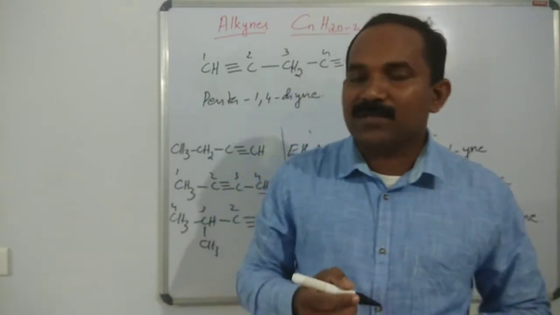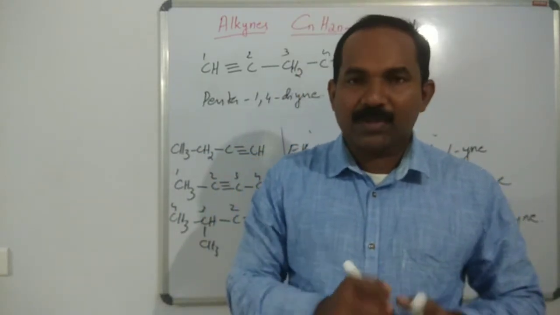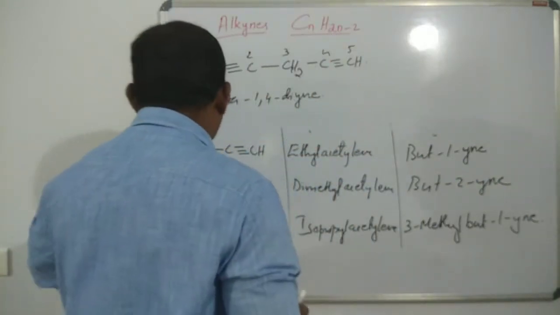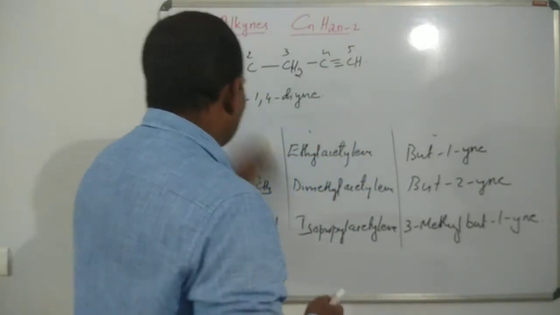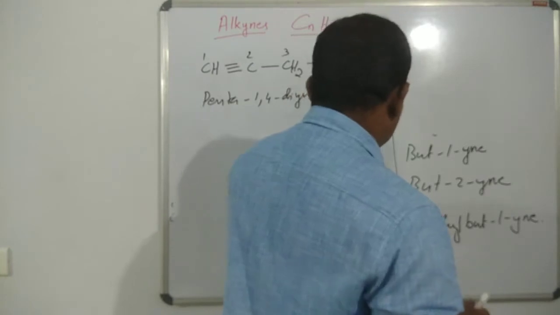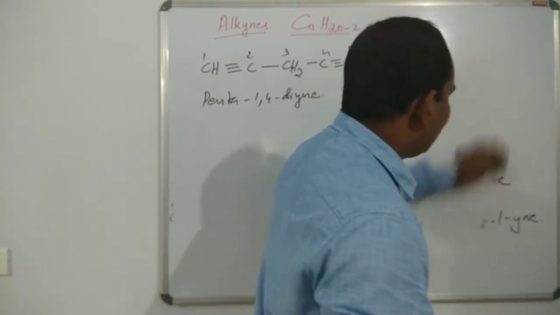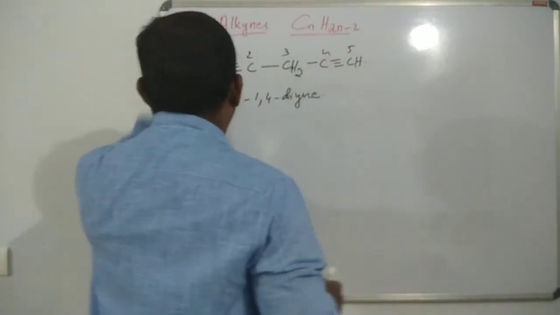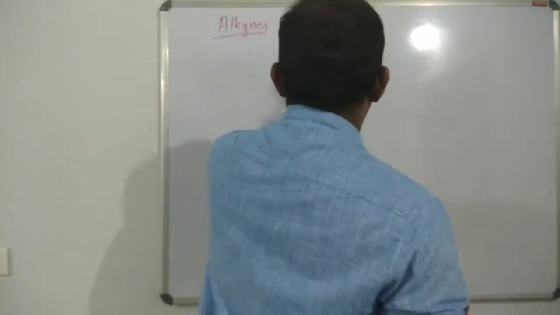Next is isomerism. You know what isomers are? Isomers have the same molecular formula but different structures. And the phenomenon is known as isomerism.